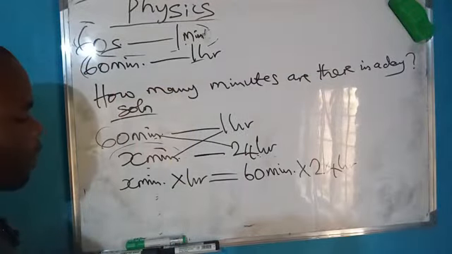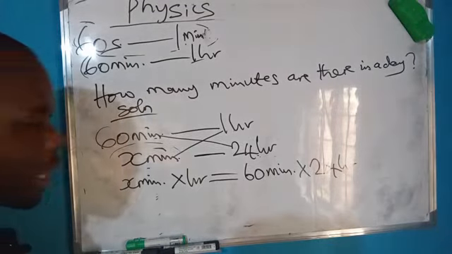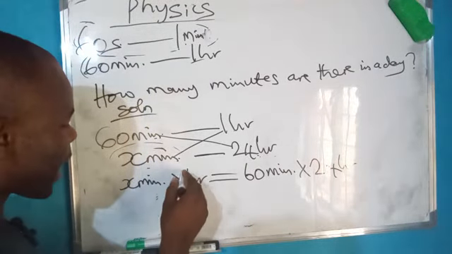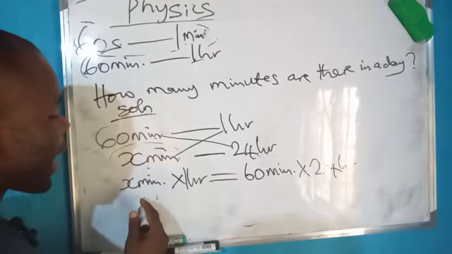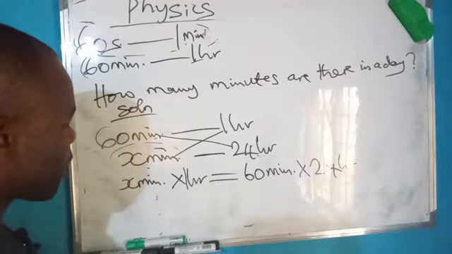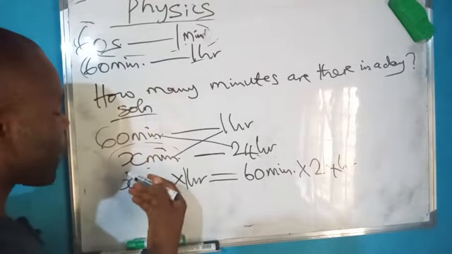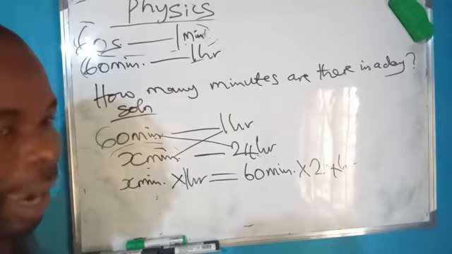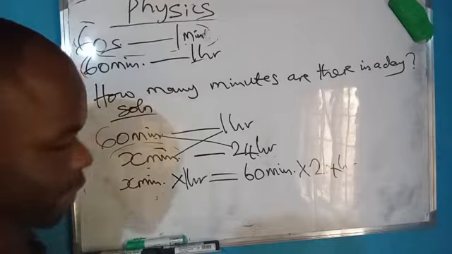Now, make x the subject of the formula. And in making x the subject of formula, you have to divide both sides, the left-hand side and the right-hand side, by the coefficient of x. And the coefficient of x here is 1 hour. Is that clear?